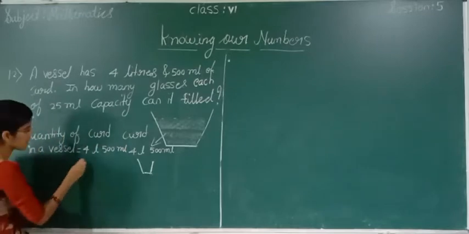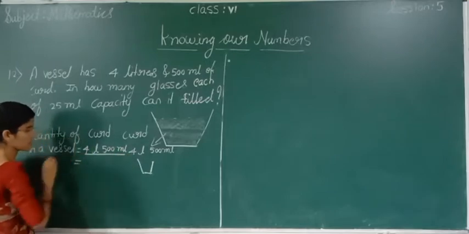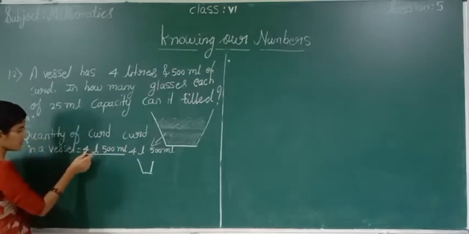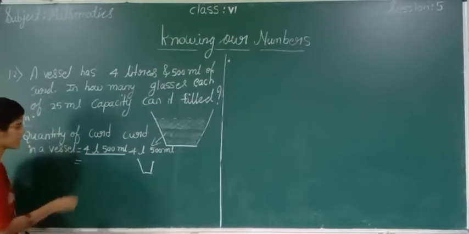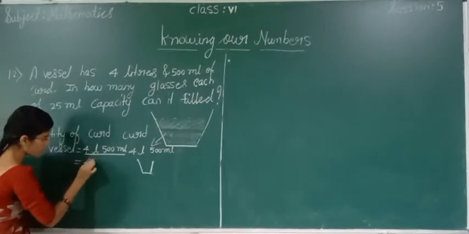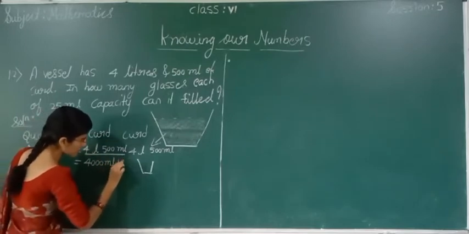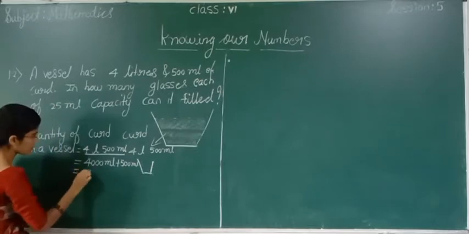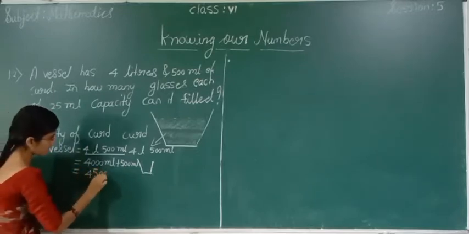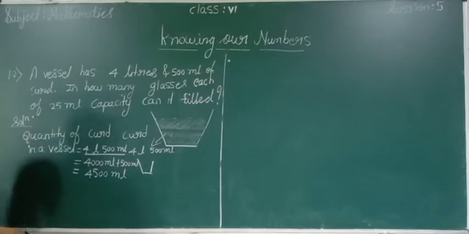Okay, now see, we will convert into 1 unit. 1 liter is equal to 1000 milliliters. 4 liters is equal to 4000 milliliters plus 500 milliliters. It will become 4500 milliliters. Okay, what are they asking now?